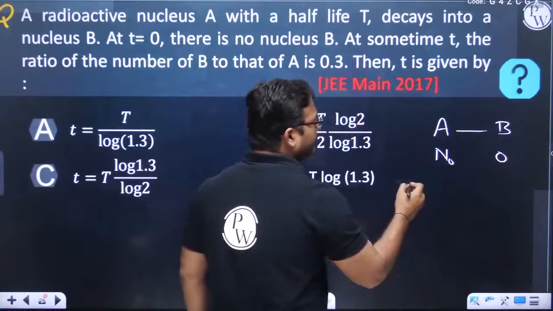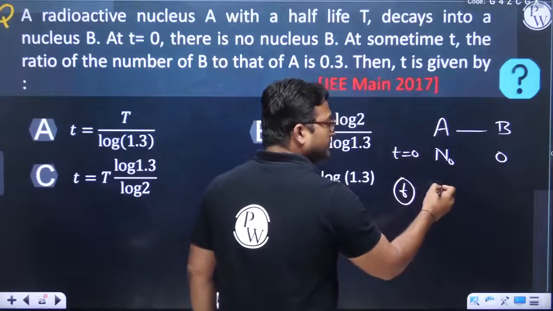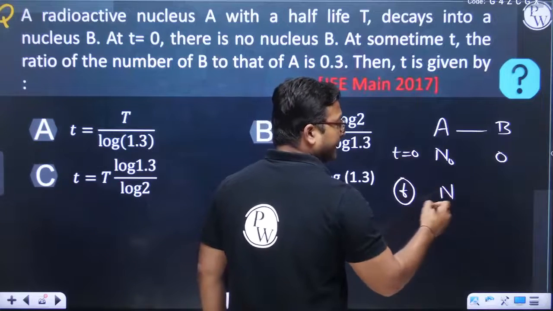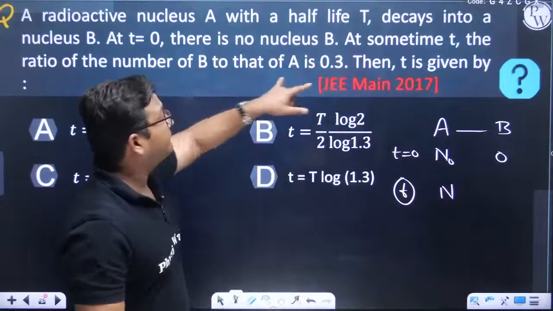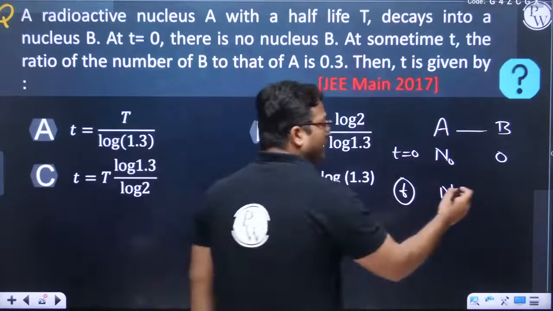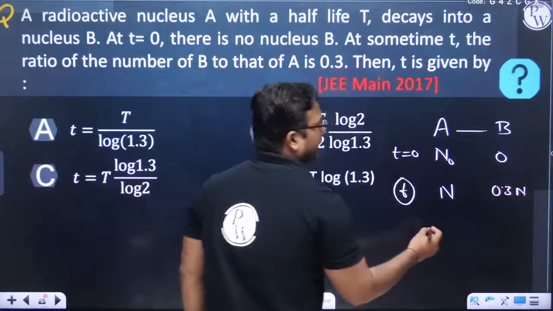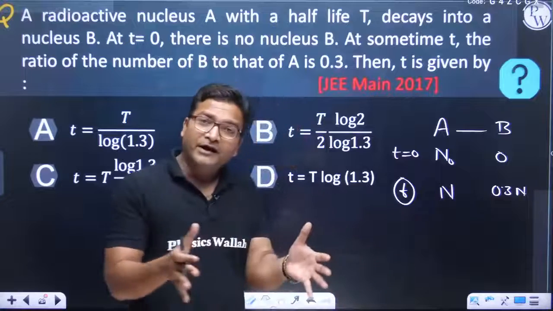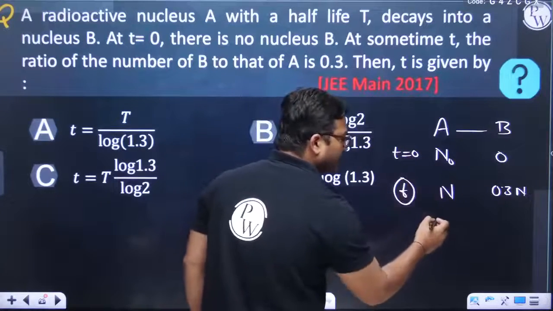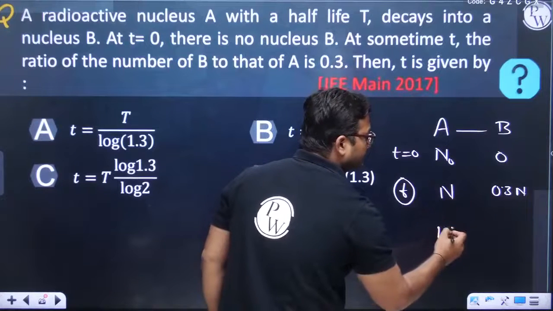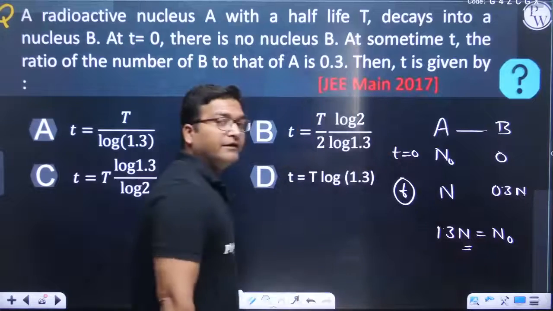But after time T, let us assume the remaining particles of A is n, and as the ratio of the number of particles of B and A is given as 0.3, the number of particles of B would be 0.3 n. And as the total number of particles has to remain the same, A is being converted into B, but the total has to remain the same, the sum of these two, 1.3 n equals n naught. So now we know what n is, right?